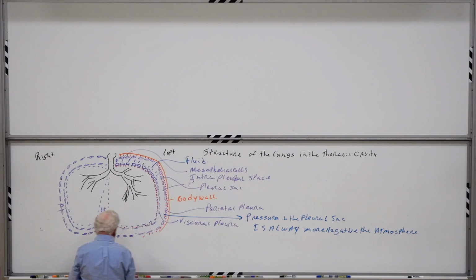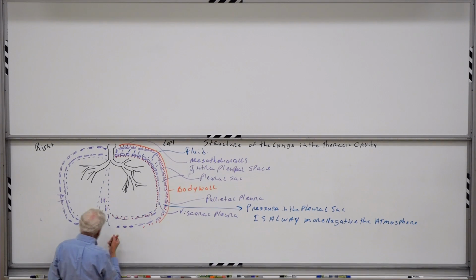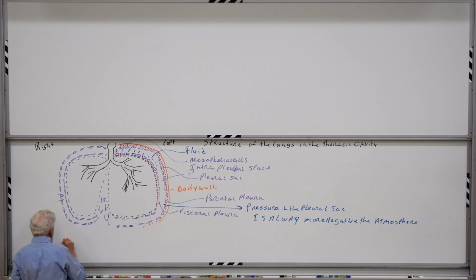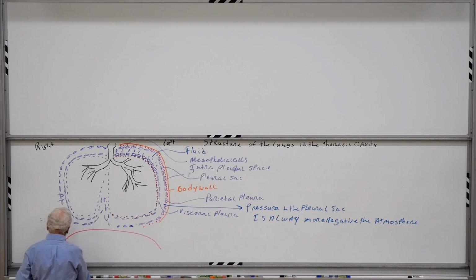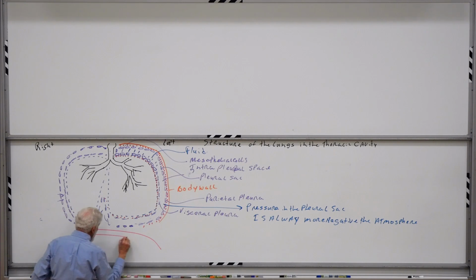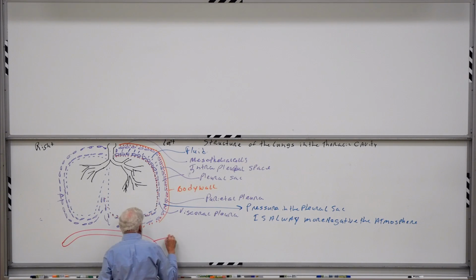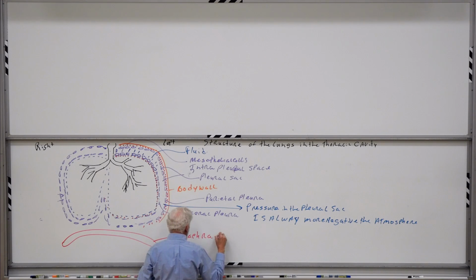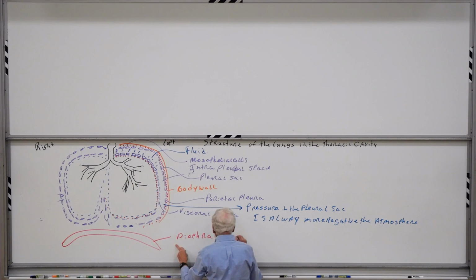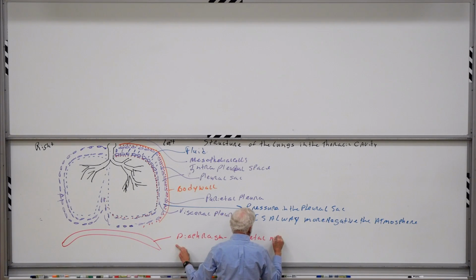Now, down here, there's going to be a structure I'm going to put in red. And this structure is muscle. This is the diaphragm. The diaphragm is skeletal muscle.